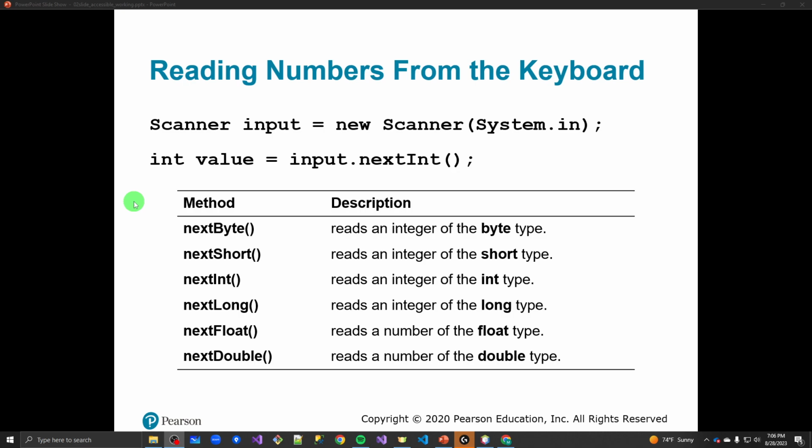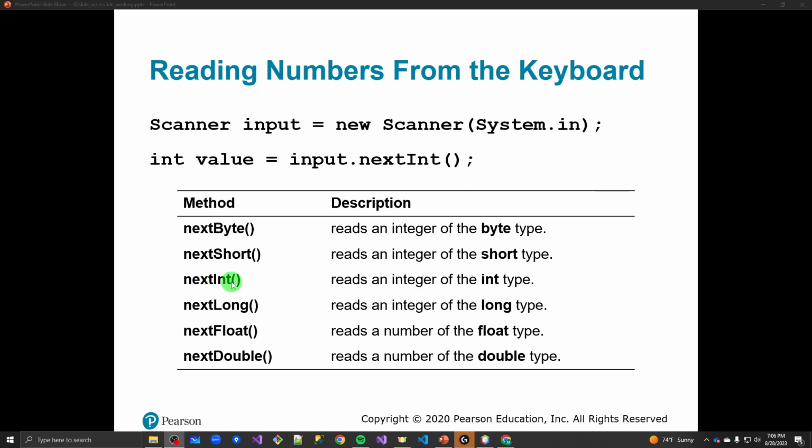So how do we read those from the keyboard? Well, we saw scanners. We created a scanner called input, and then we said, hey, input, give me the next, and we used a double for the radius on those previous projects we saw. But there are methods for every data type built into the scanner. So if I want the scanner to get me a byte, I can say nextByte. If I want a short, I can say nextShort. If I want the integer, I would say nextInt.